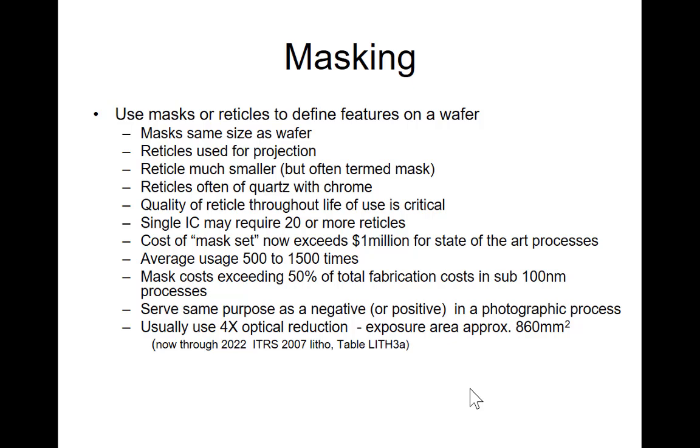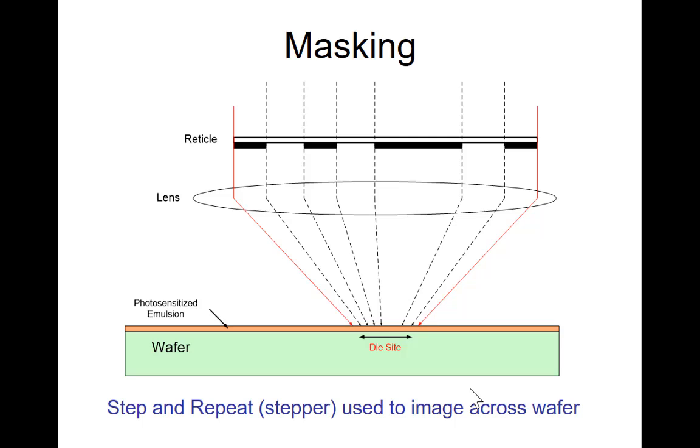Especially the smaller feature size masks, because your slots are cut so thin, and it's more difficult to make, and they become very expensive. The way you use a mask is you have your ultraviolet light on top. You shine the light through it, it passes through the slots, and then through a lens, it gets focused onto the wafer surface.